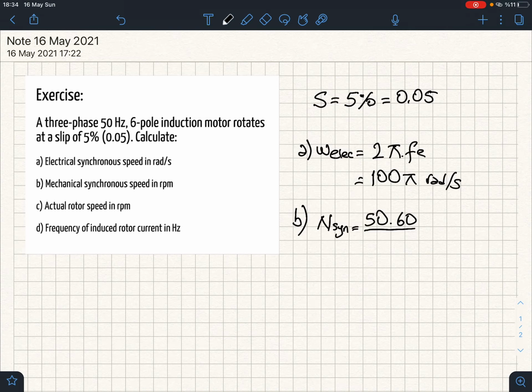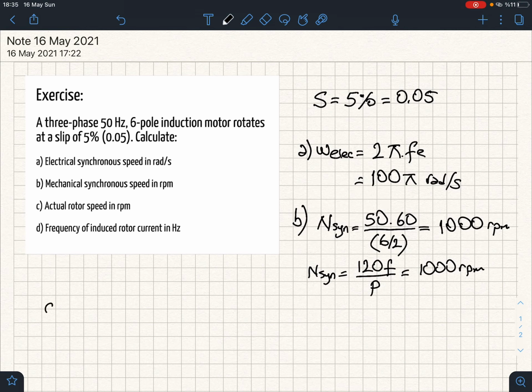In order to calculate the mechanical speed, you need to divide by the pole pairs. It is a 6-pole machine, so I need to divide by 6 over 2, which is 3, so you have 3000 divided by 3, so it is 1000 rpm. Or you can use the formula that we have just discussed: 120 f divided by the number of poles. It is the same, so that's again 1000 rpm.